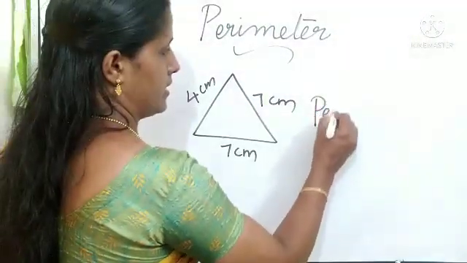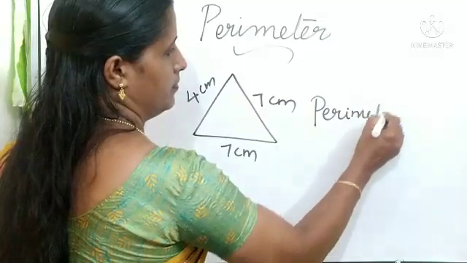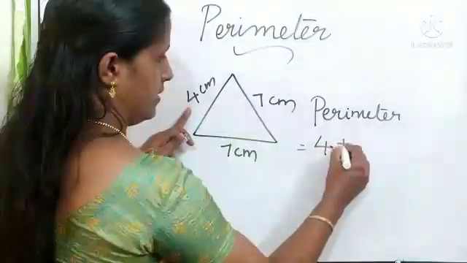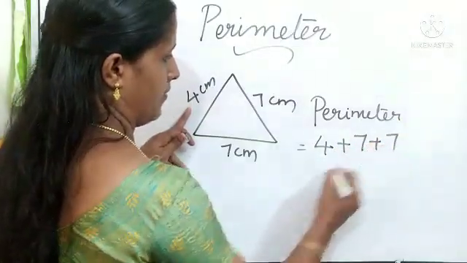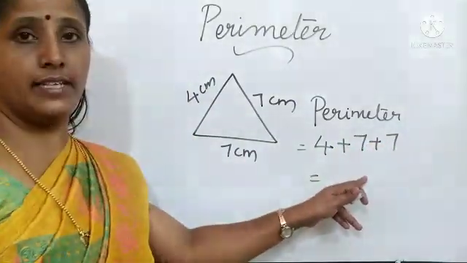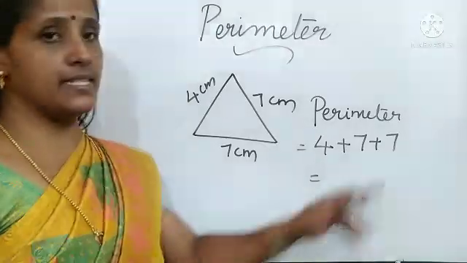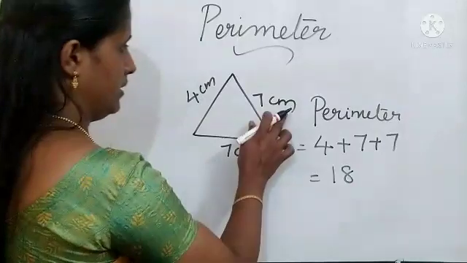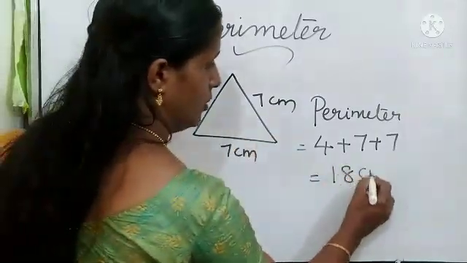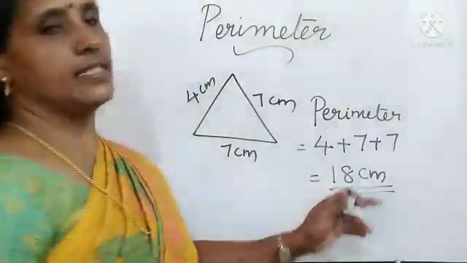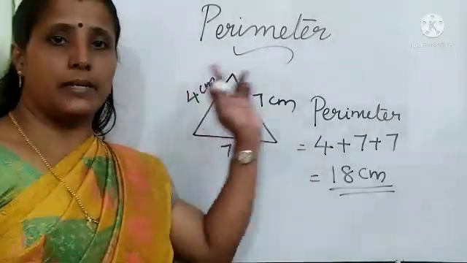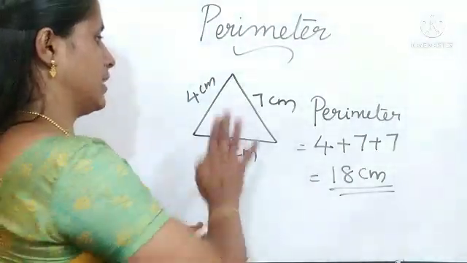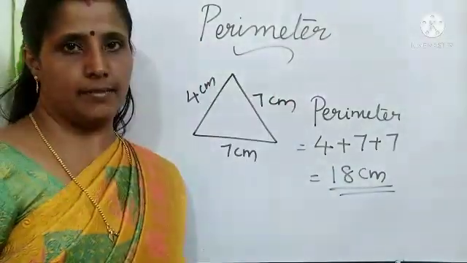So perimeter is equal to 4 plus 7 plus 7. 4 plus 7 is 11. 11 plus 7 is 18. The measurement is mentioned in centimeters, so here also we can mention centimeter. So the total perimeter of the given figure is 18 centimeters. That means the boundary of the figure is 18 centimeters.